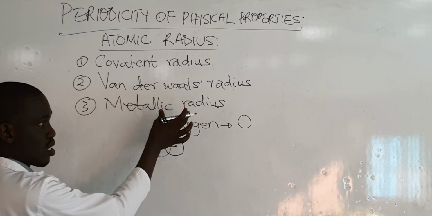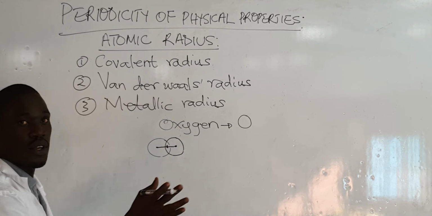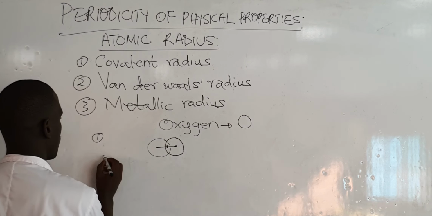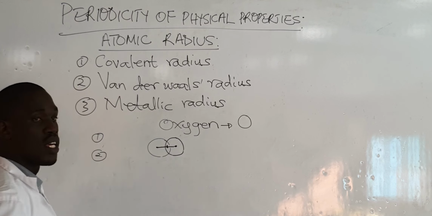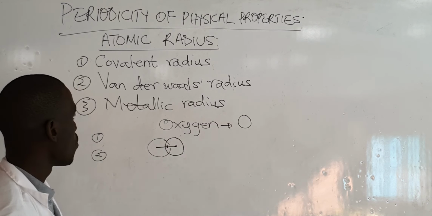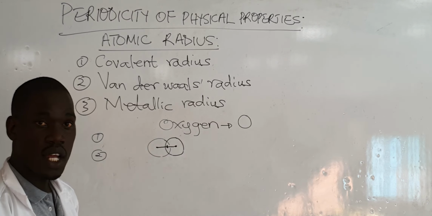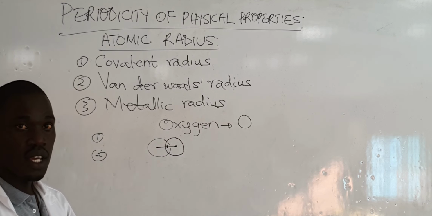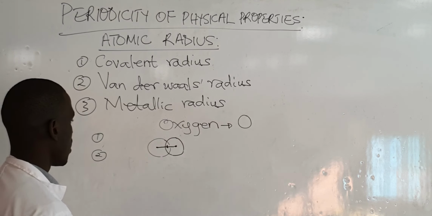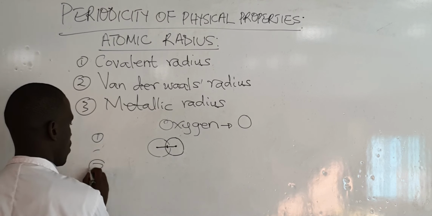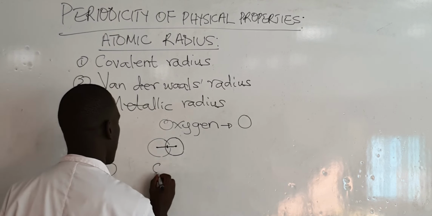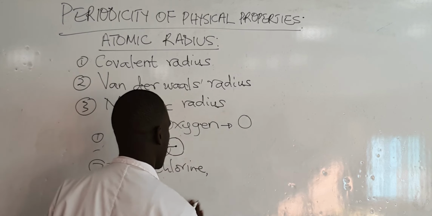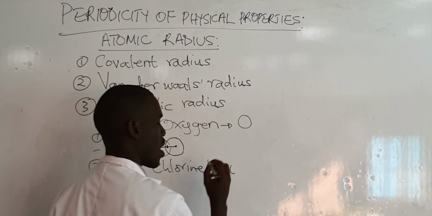Now, we look at van der Waals radius. In van der Waals radius, you have two atoms which are close and adjacent to each other. Take, for example, atoms of chlorine, the symbol Cl.